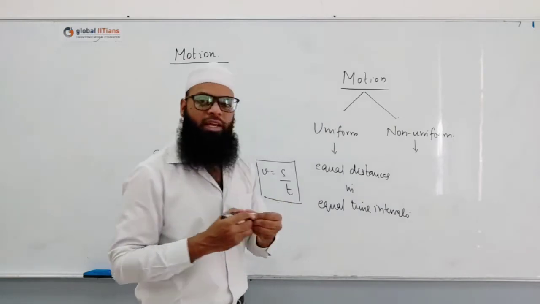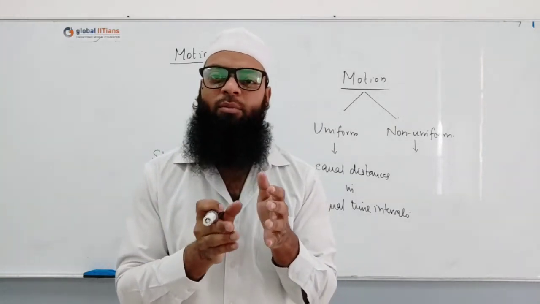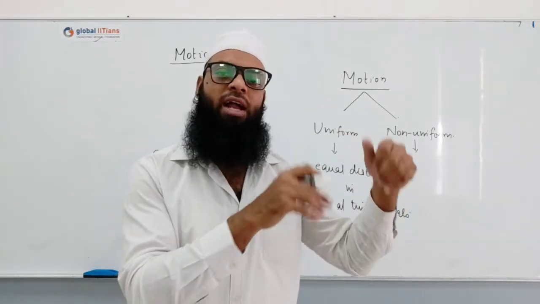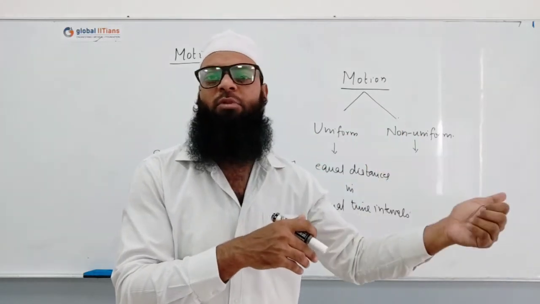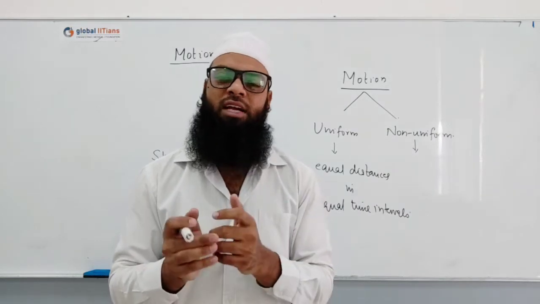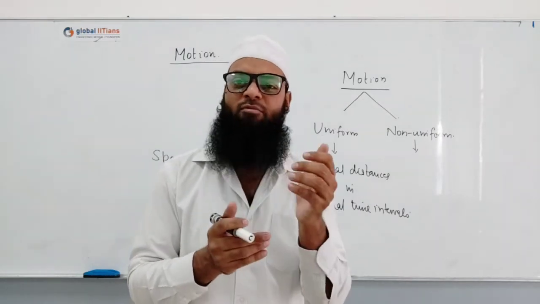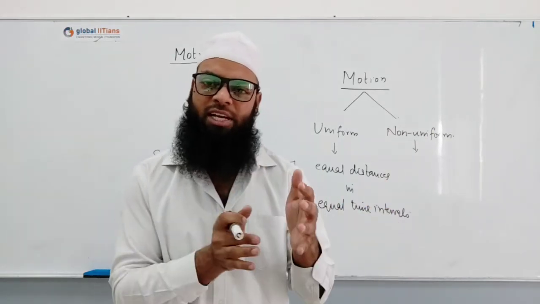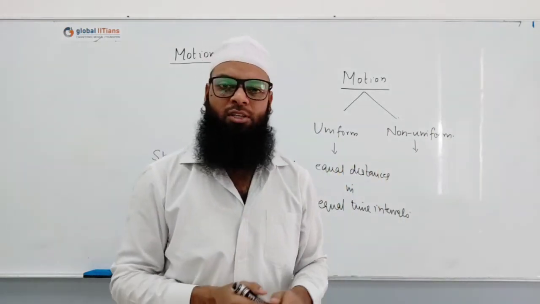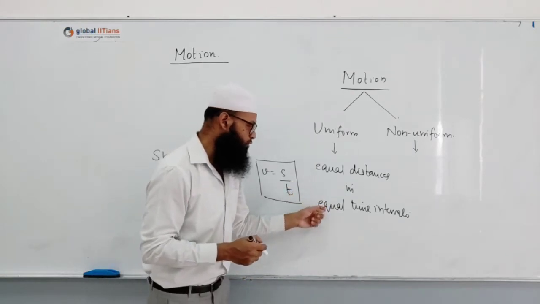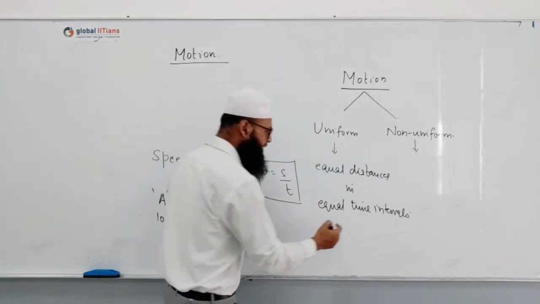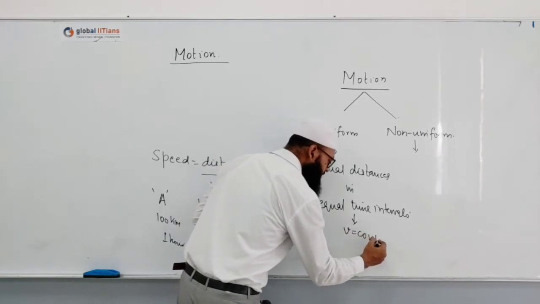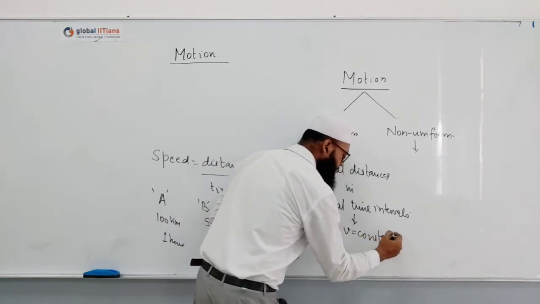For example, in a given second of time, if a body is covering 5 meters, and in another second it is covering 5 meters, and then another second it is covering 5 meters, then we can definitely say that its speed is going to be 5 meters per second. That means in every second it is covering 5 meters. Such a type of motion is known as uniform motion. The second thing that we can say about it is that its velocity is constant.